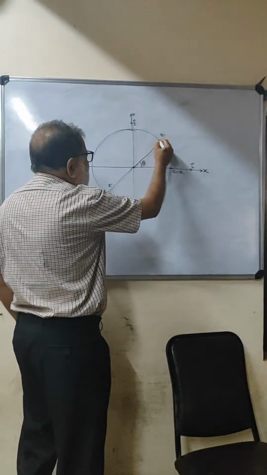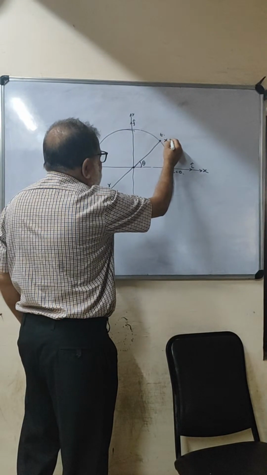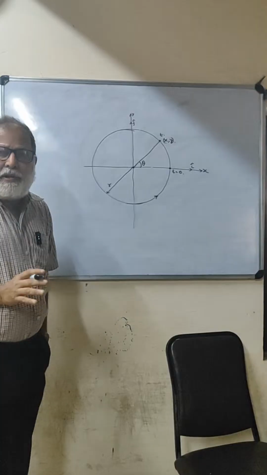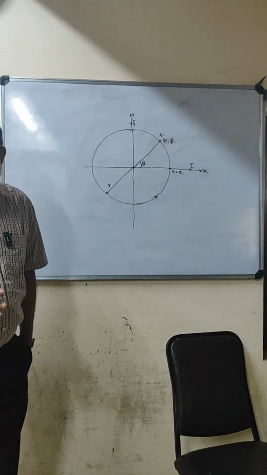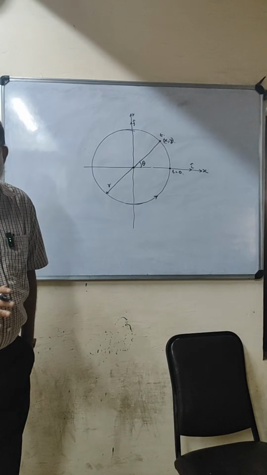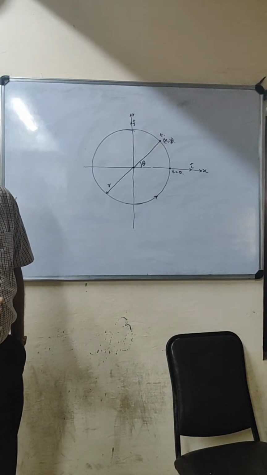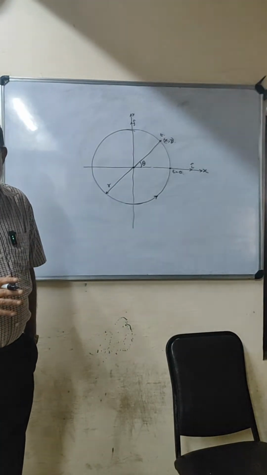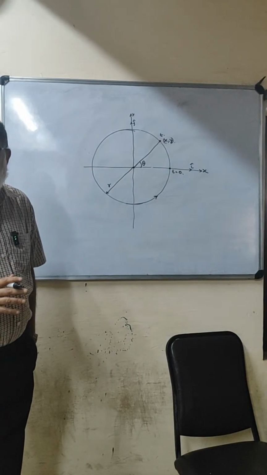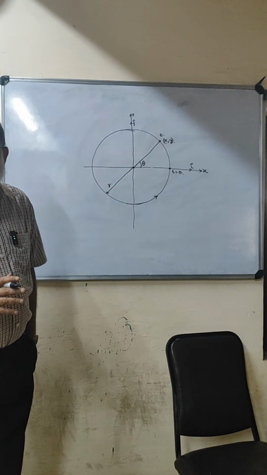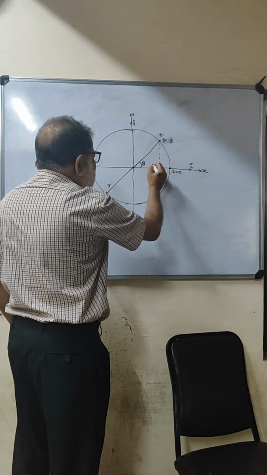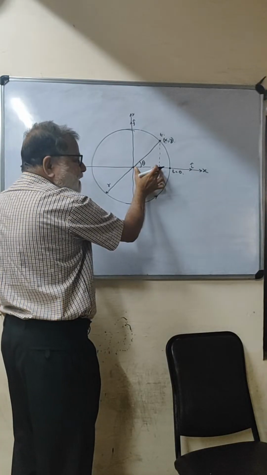Let us assume that the coordinate of this particle is xy. In general, any xy. What will be x in terms of r and theta? X is this distance, the projection on the x-axis.